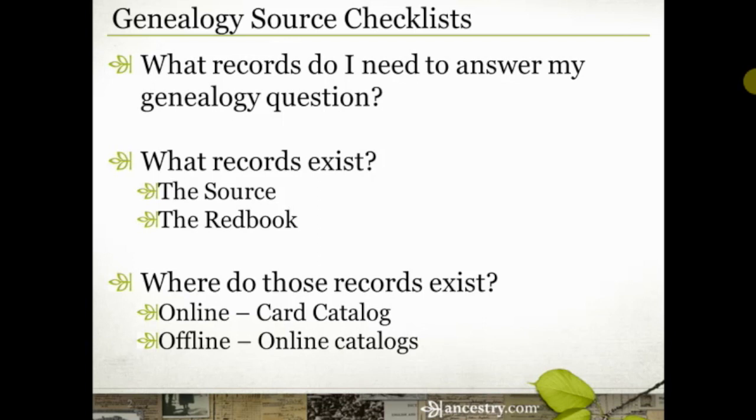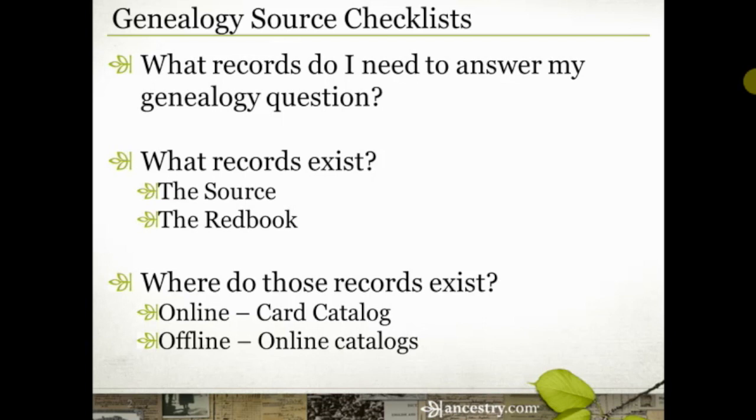Also very similar to how I would search for local records in a local library. Many libraries have their catalogs online. So if I was interested in newspapers for Fayetteville, Arkansas, I could go to the Fayetteville Library or the Washington County, Arkansas Library website, pull up their catalog, and it would show me what newspapers they have either on microfilm or microfiche, that date and how far back they date.